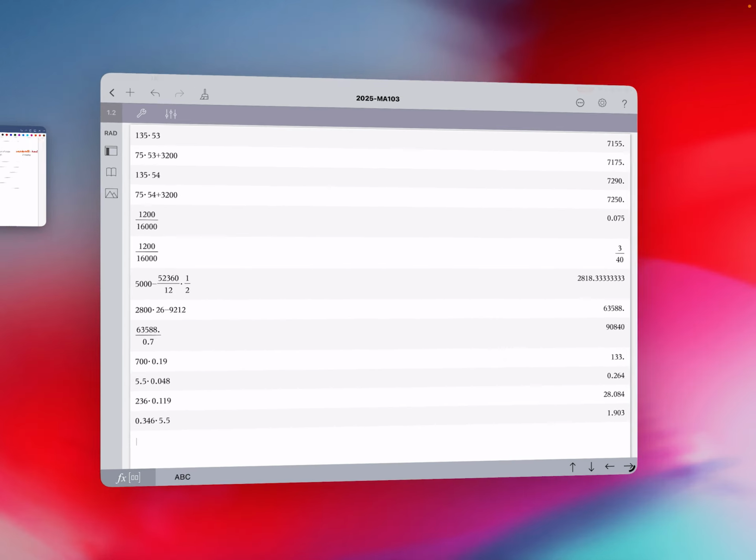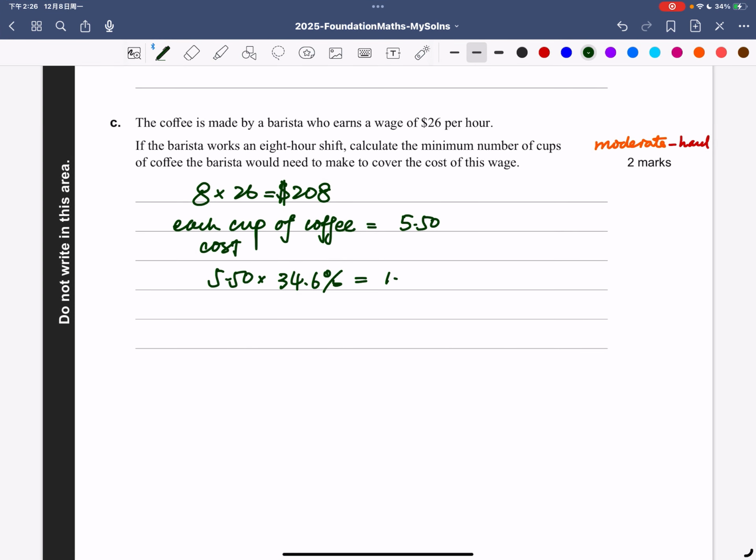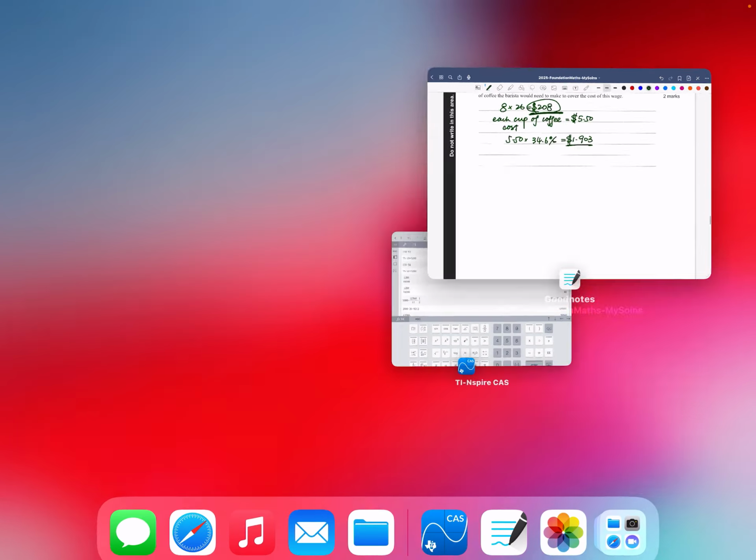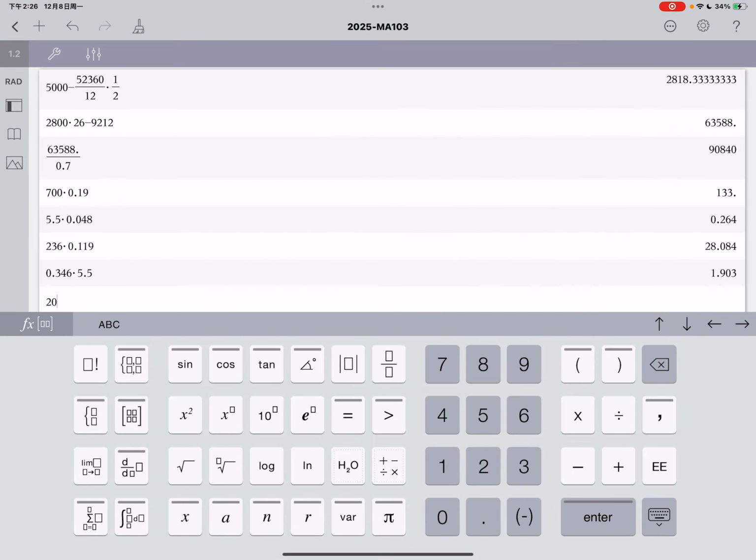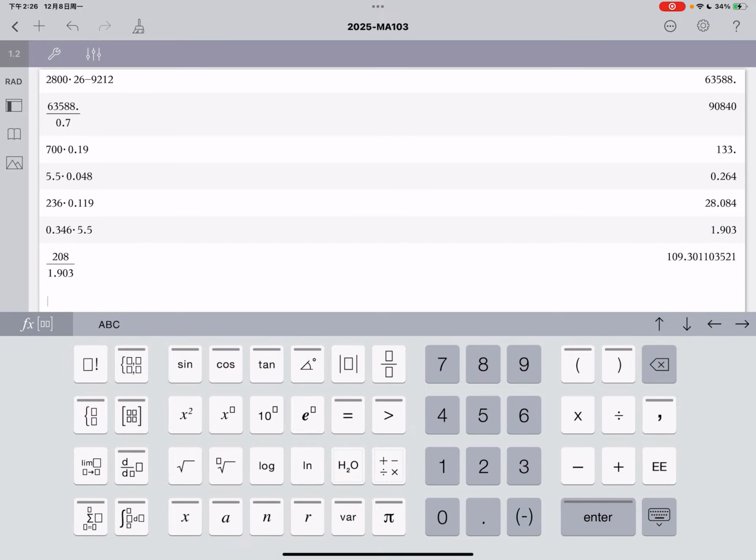Yeah, 1.903. And then the next thing is we use the total amount of wages, 208, divided by this number here. Yeah, we get 109.3 cups.